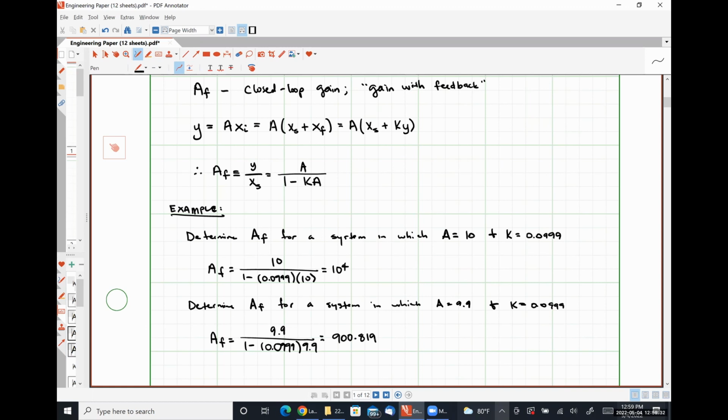Another one that's maybe a little more intuitively obvious is noise. If we have a noisy input signal, we're just going to make the output signal a scaled up version of all of that noise, right? So we're going to have very, very poor signal to noise ratio in a positive feedback circuit, right?